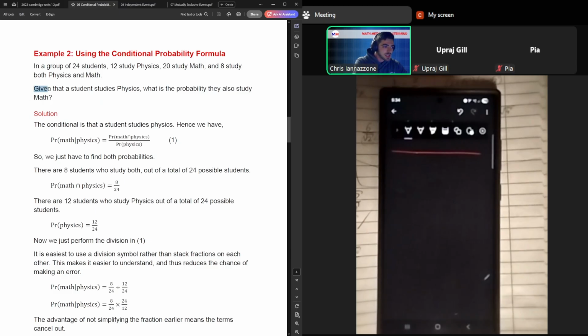So again, keyword given, whatever comes after the keyword given is the conditional. So in this case, conditional is going to be physics. Whatever comes after the word probability, that's going to be the target probability within that restriction. I'll pause a second and just contrast this order of the phrasing to the previous question we had. This one said given first, probability next.